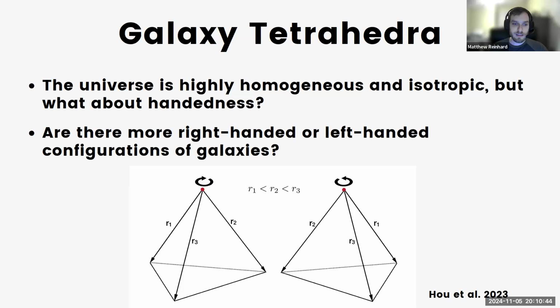So each of these tetrahedra have a well-defined parity. You cannot rotate one into the other. They're related through a mirror reflection or a parity transformation. So another way of asking whether or not our large-scale structure violates parity is, are there equal numbers of right-handed and left-handed galaxy tetrahedra?